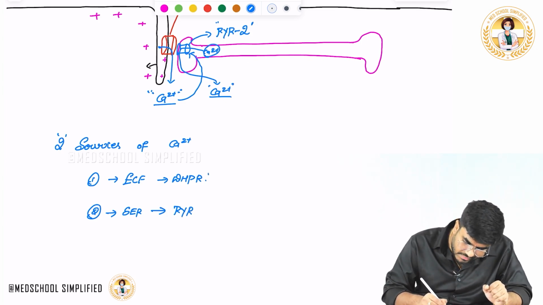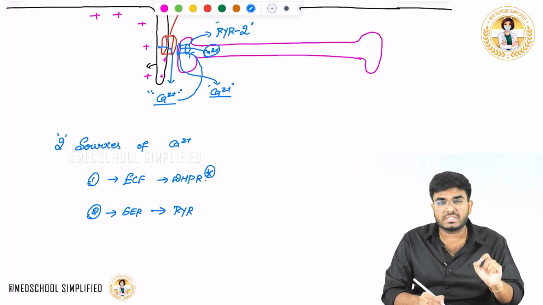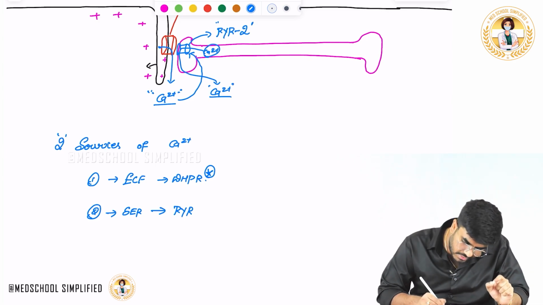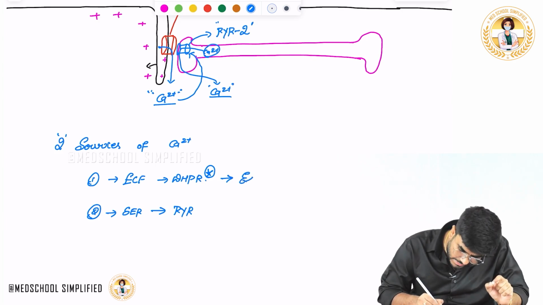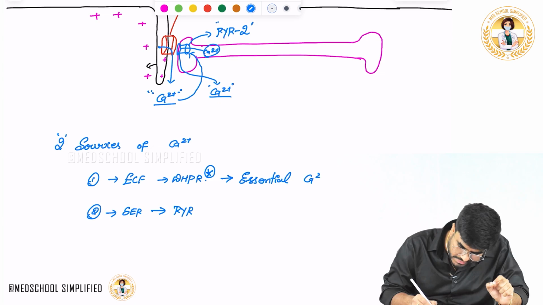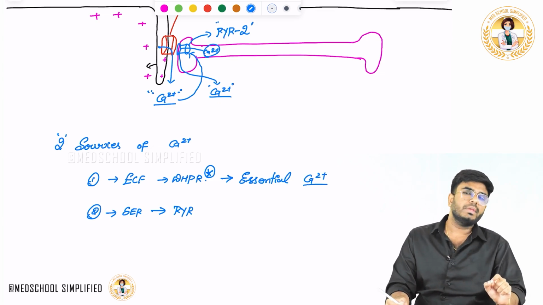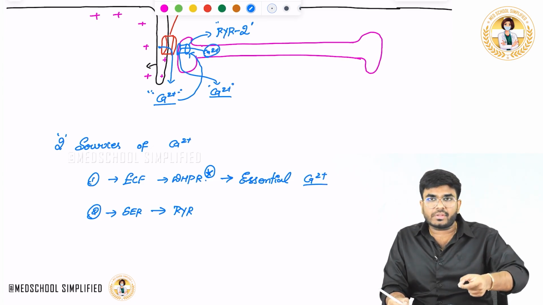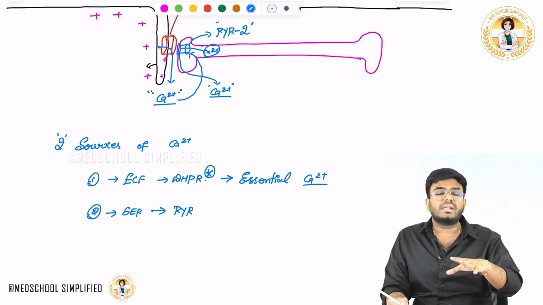It's the first calcium which comes into the cell and stimulates the RYR channel to release the calcium. So this first calcium is called the essential calcium.